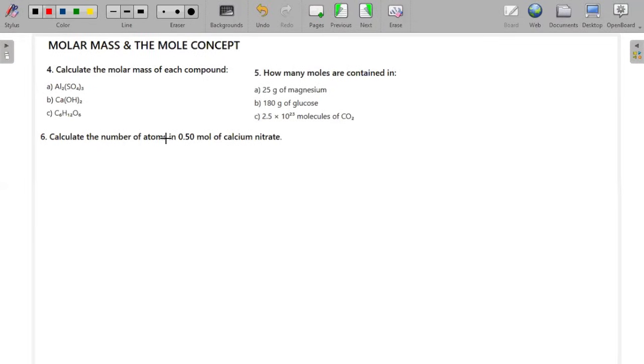Okay, so what can we do here in order to find the number of atoms in 0.5 moles of calcium nitrate?